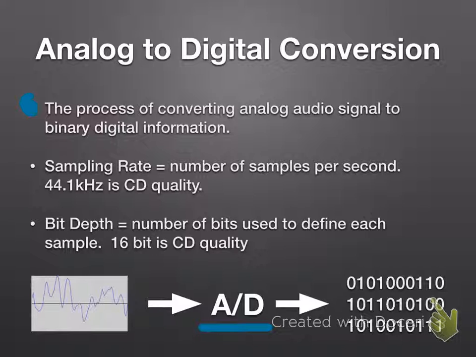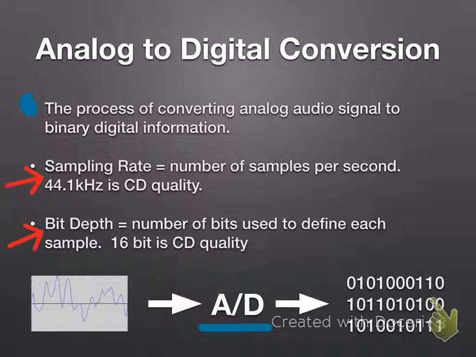Now, the quality of the digital recording is determined by the sampling rate and the bit depth, or the resolution. The sampling rate is the number of samples per second, and the standard sampling rate for CD quality is 44.1 kilohertz. So that means for CD quality, a sound wave is sampled 44,100 times per second.